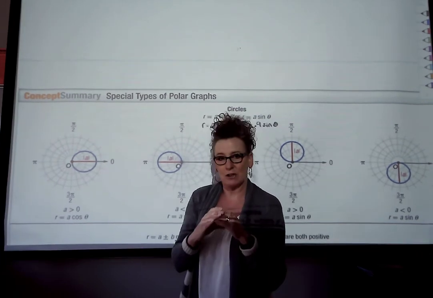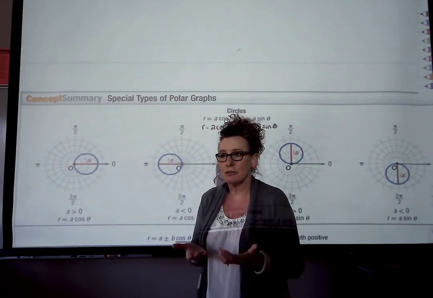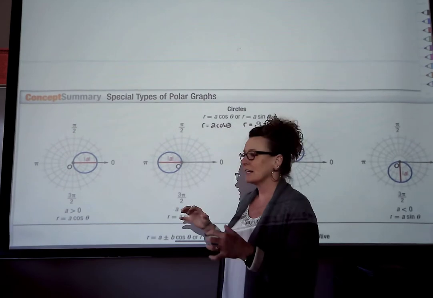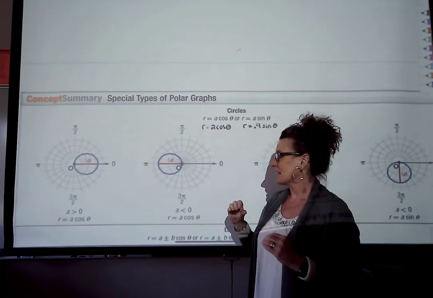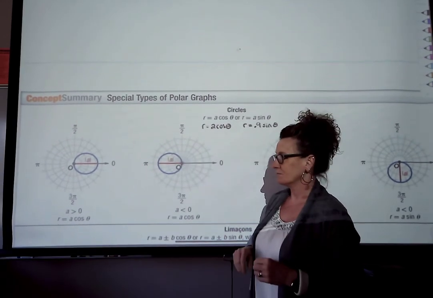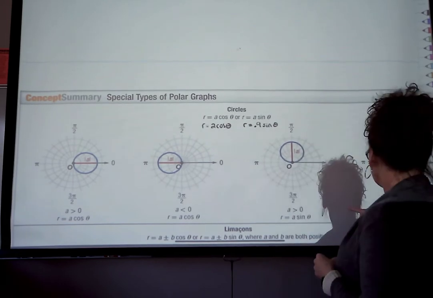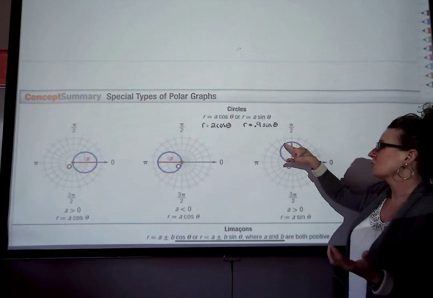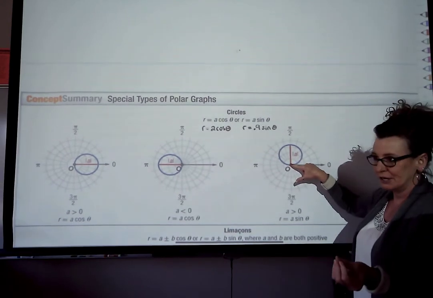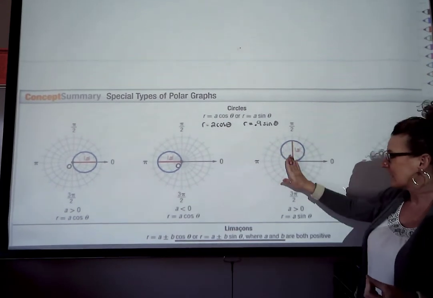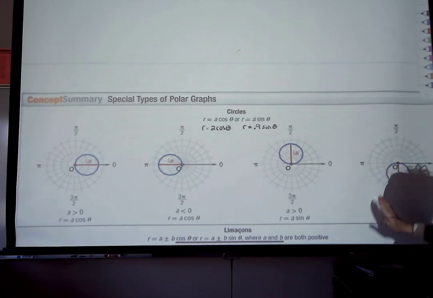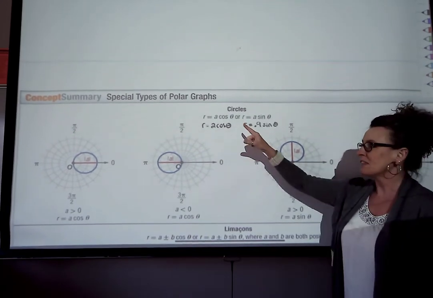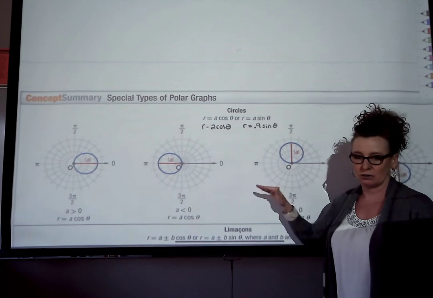It's not centered at the origin. It actually passes through the origin, and it kind of rests on the x-axis. If your equation involves sine of theta, again, your circle passes through the origin and it kind of rests somewhere along the y-axis. This type of equation produces a circle.